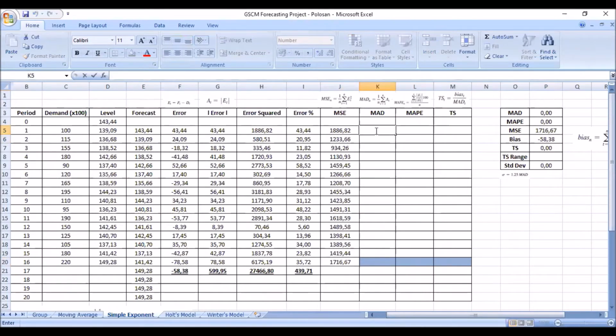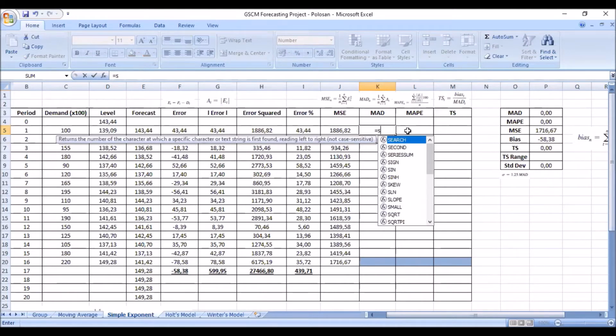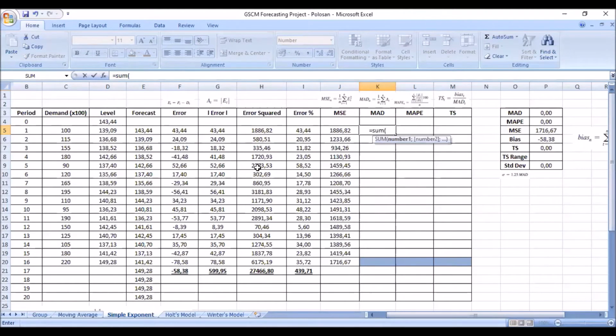And now we're just gonna count the MAD using the Excel formula first, whereas we're gonna click the first absolute error, and also divide it by the number of periods. And let's just use sum, and click the cell of the absolute error, and click it again. And don't forget to stabilize the first cell using F4 so the value won't change and it can be accumulative until the end.